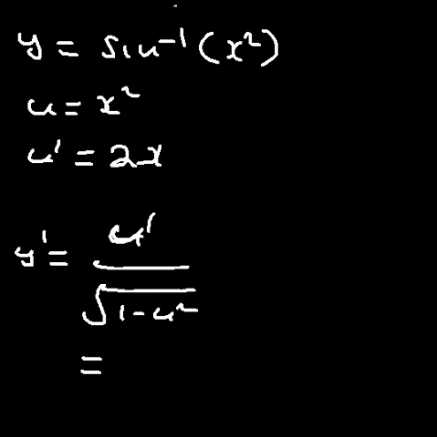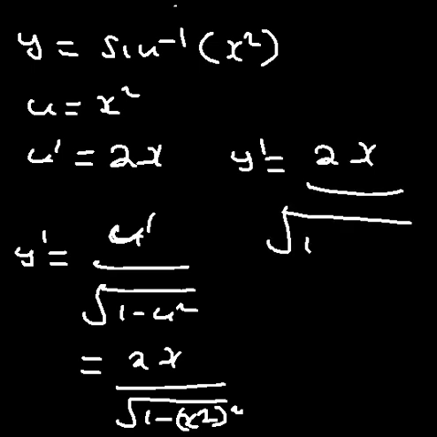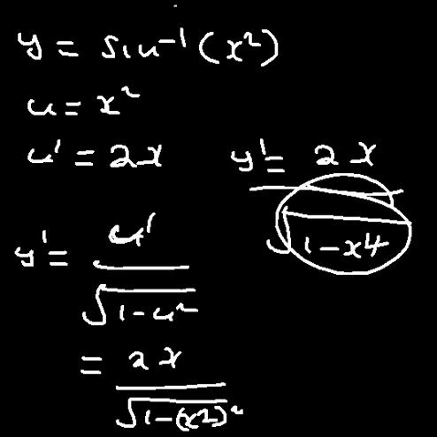What is the u prime? We have it as 2x, divided by the square root of 1 minus, what is the u? We have it as x squared, so x squared to the power 2. So y prime will be given as 2x divided by the square root of 1 minus x to the power 4. That is the derivative of that one.